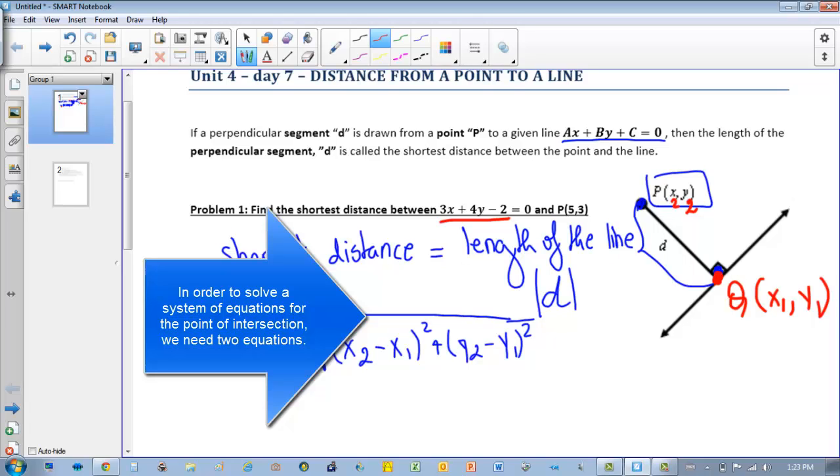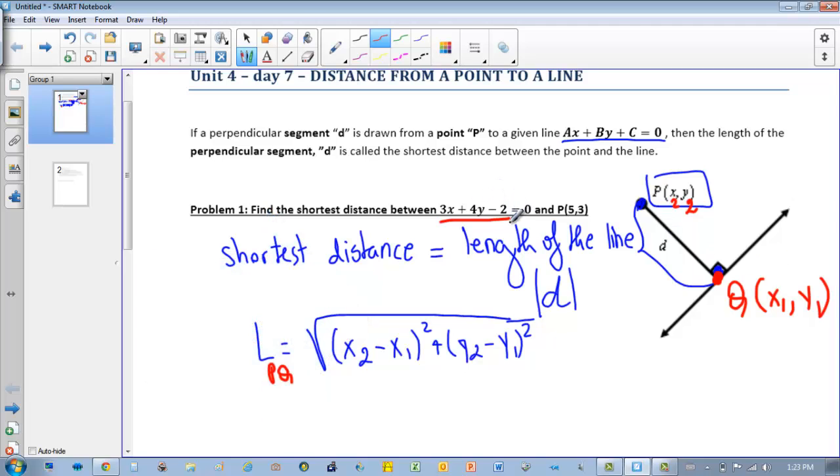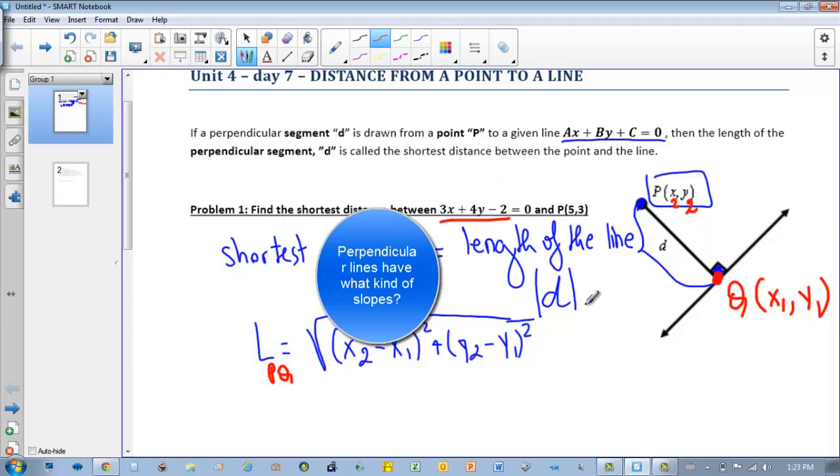Well, let's think about what we know about line segment D and the given line. We know that D is perpendicular to the line. What does it mean for two lines to be perpendicular? Well, we hopefully remember that when two lines are perpendicular, they have negative reciprocal slopes.